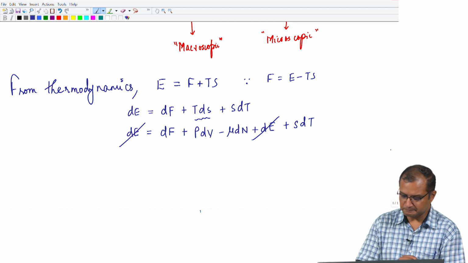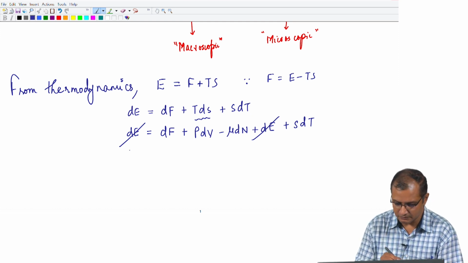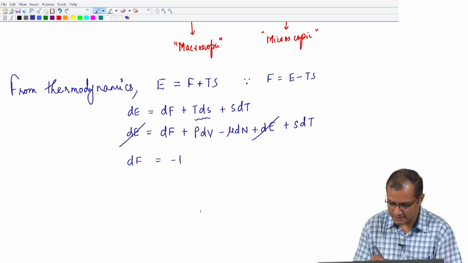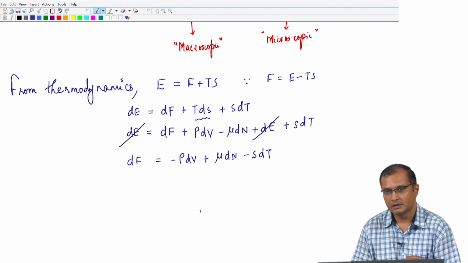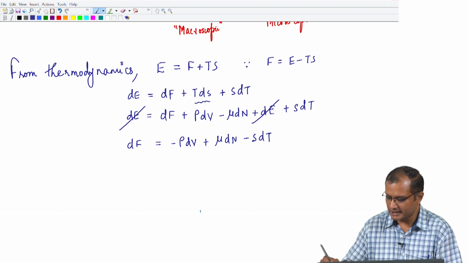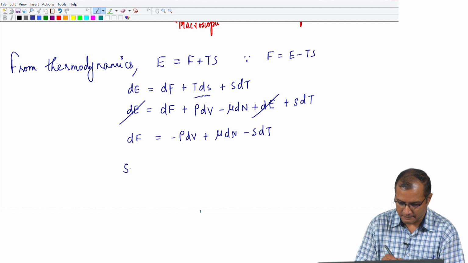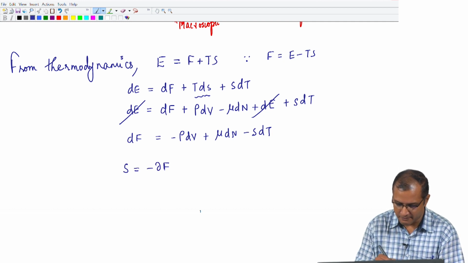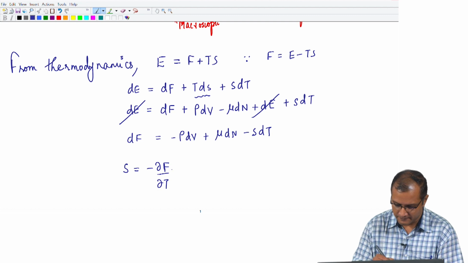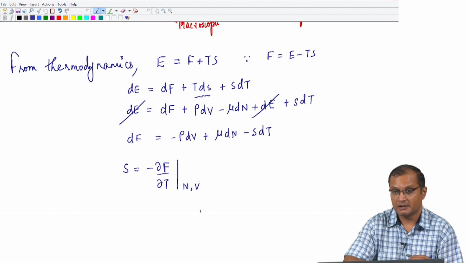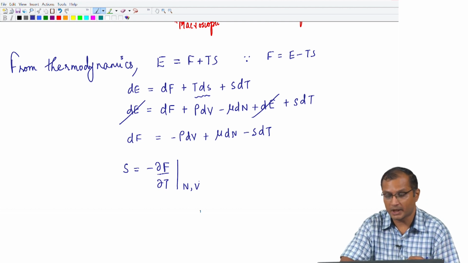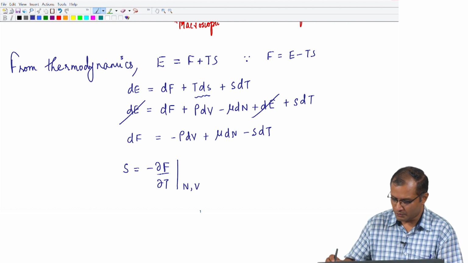and simply see that dF is nothing but minus PdV plus mu dN minus SdT, which allows me to write down for entropy as minus dF by dT at constant N, V conditions. Okay. What do I do with this?